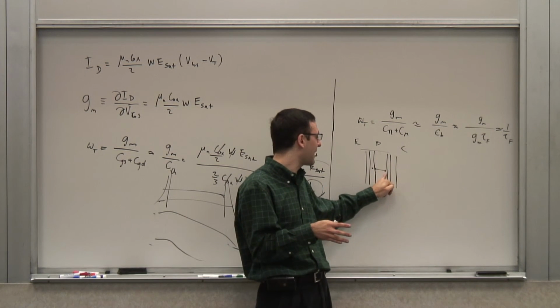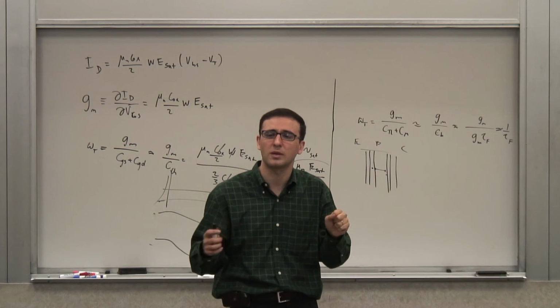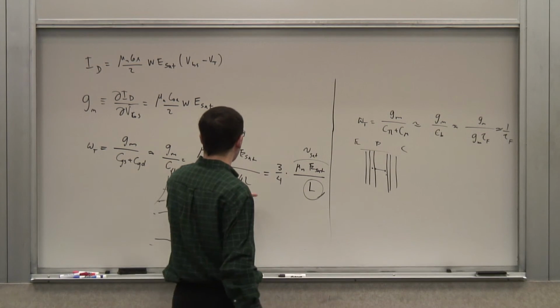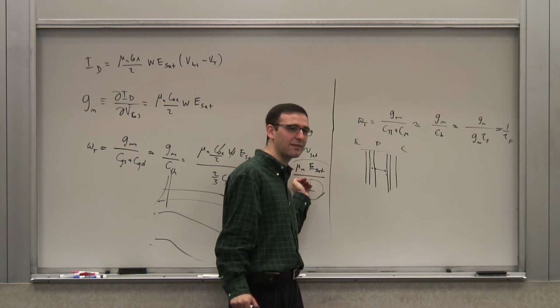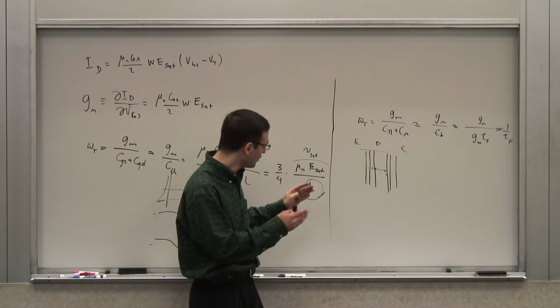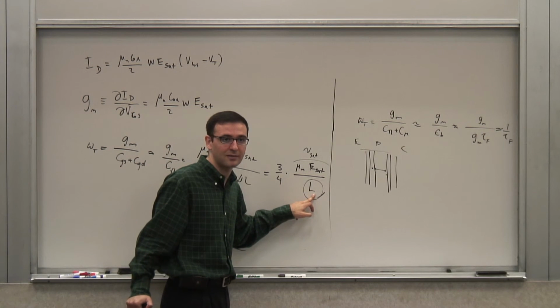And that basically goes back to the fact that bipolar transistors are minority carrier devices. The current flow is controlled by the minorities in the base. And here, you have a majority carrier device. So in that sense, this guy doesn't give you as much bang for your buck as this one. Of course, you can try, it depends on L, right? If I make my L really small, then I can get more bang for my buck.